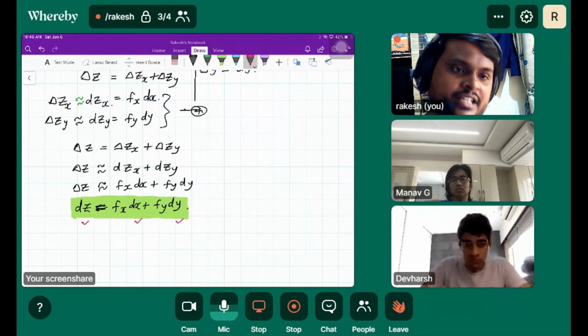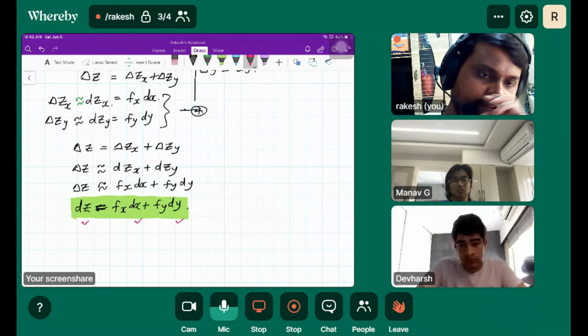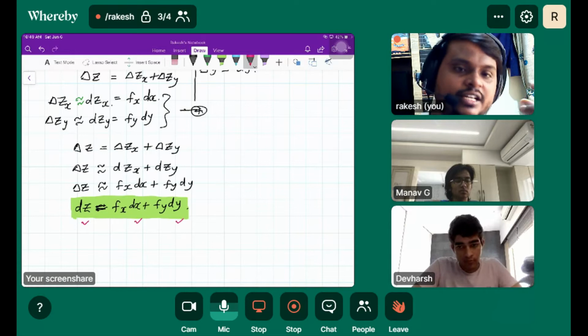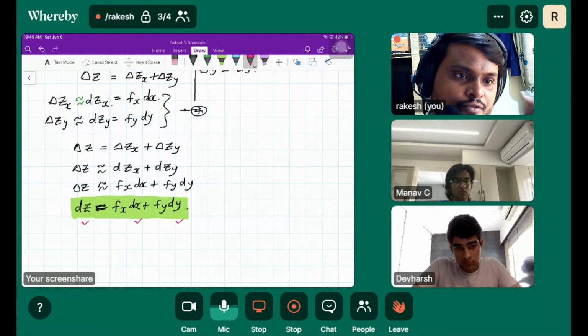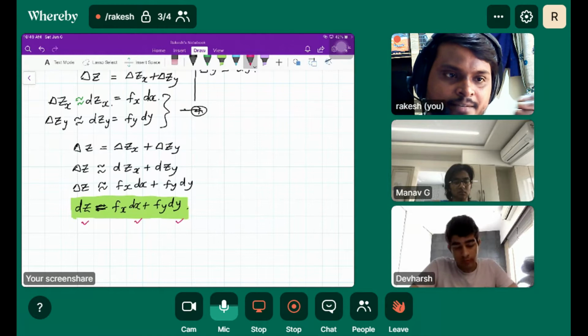Now dz is calculated in terms of dx and dy. In measurement, why this is so important for engineers, because when we measure anything, there must be some error in that, because whatever equipment you are using is also not error free. It has some percentage error. We have been talking about percentage error in chemistry or physics.